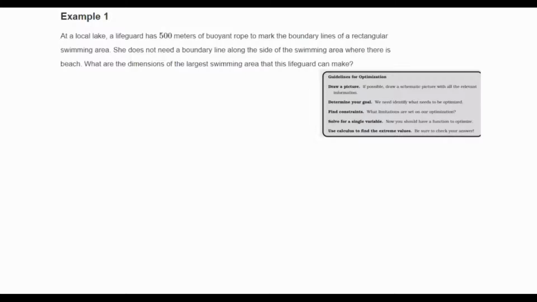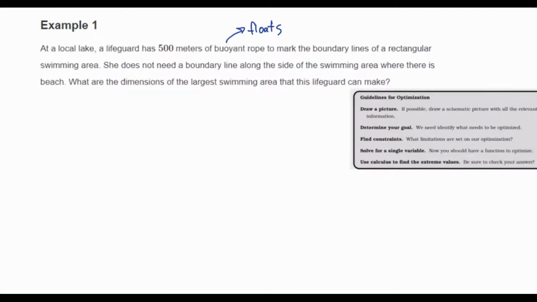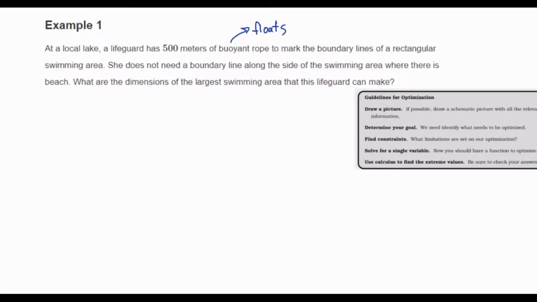So let's just dig into any details, any words in the question we might not be sure of, and then we'll make our diagram. Buoyant means that something floats. So basically we have a rope that's going to be floating in the water and marking out boundaries. We'll make our diagram over here. We can add some color coding. So we're going to have our beach.